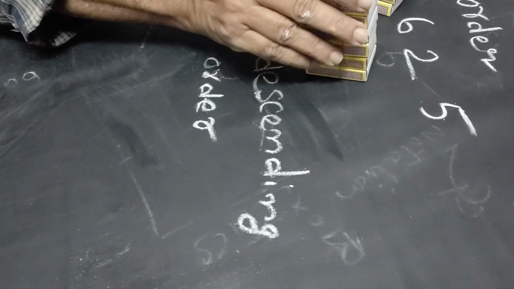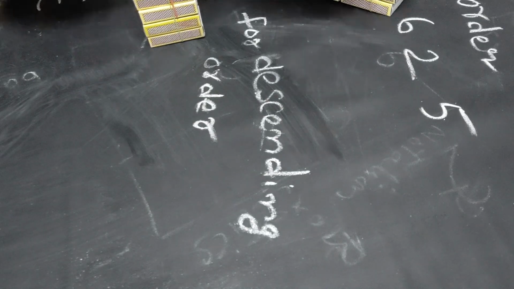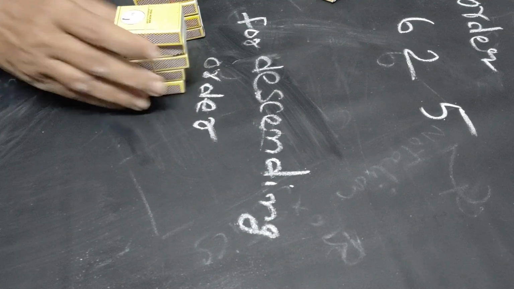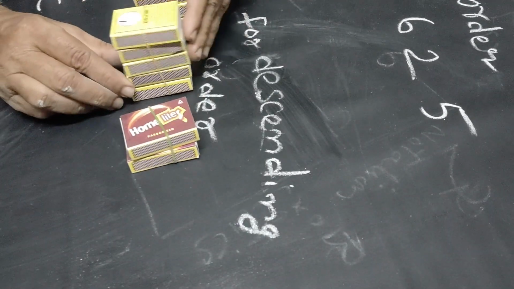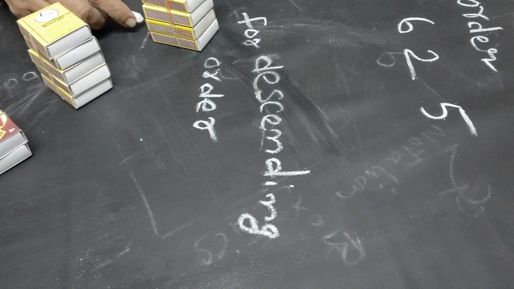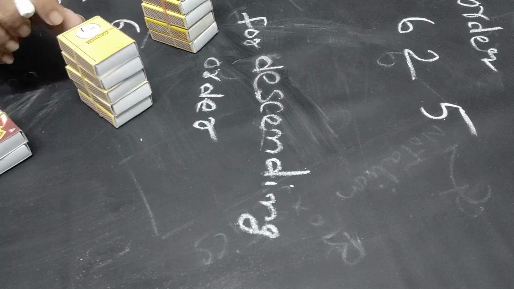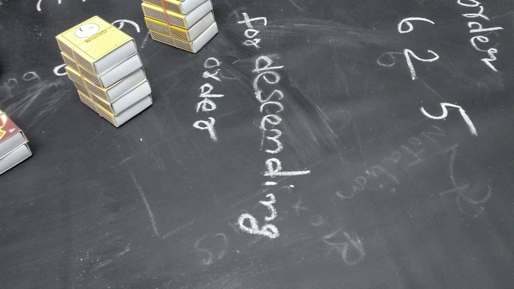That means higher to lower. First of all, as per the heights, this is higher than these 3 numbers, and next one is this one, next one is this one. Now you put the numbers here. This is 1 2 3 4 5 6. This is 6, and these are 1 2 3 4 5, and this is 2.